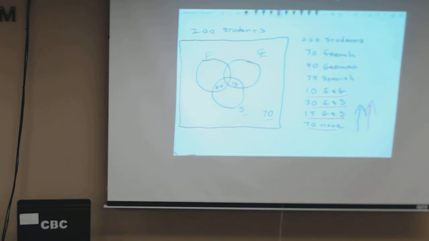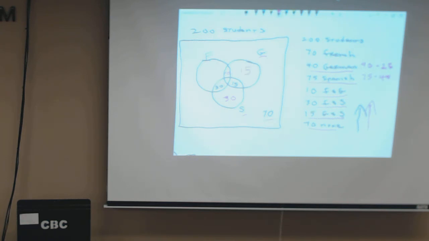I don't know. 75 have S. Well, what's 75 minus 45? The 30 and 15? 30. So I put 30 out here. 40 have German, G, and that's 40. That would be 40 minus what? 25. So how many go out here?